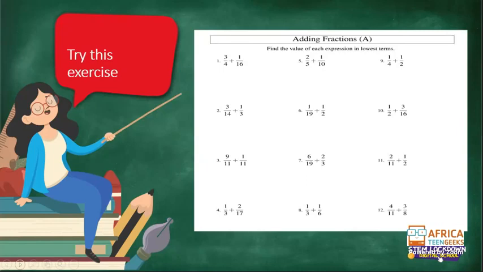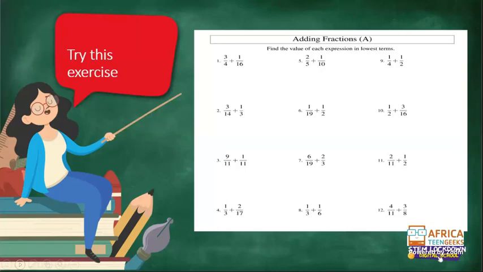Okay, I don't know how people got 17 over 51. The correct answer is 23 over 51, because remember, our lowest common multiple is 51, right? So we multiply 1 over 3 by 17 and we have 17 over 51.